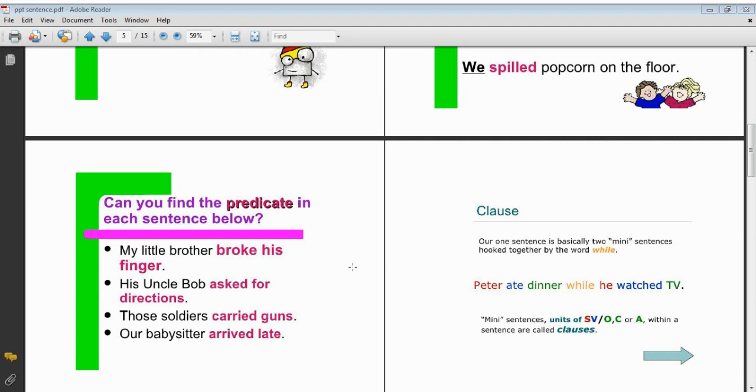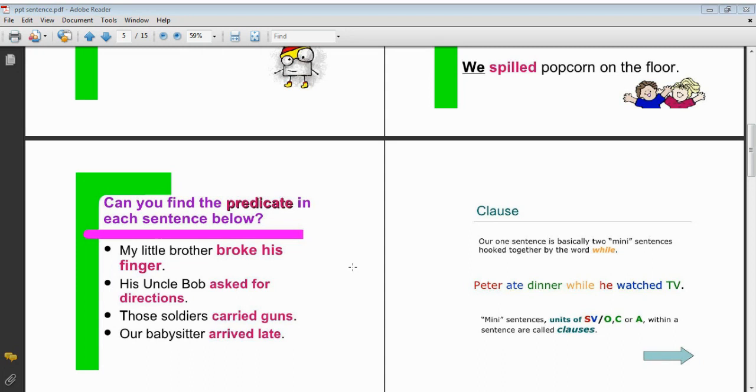His uncle Bob asked for directions. His uncle Bob is the subject, and the later part of the sentence which starts from "asked for directions" is predicate as it describes the subject. Those soldiers carried guns. So those soldiers, that is the subject, carried guns. "Carried guns" is predicate as it gives us more information about the subject.